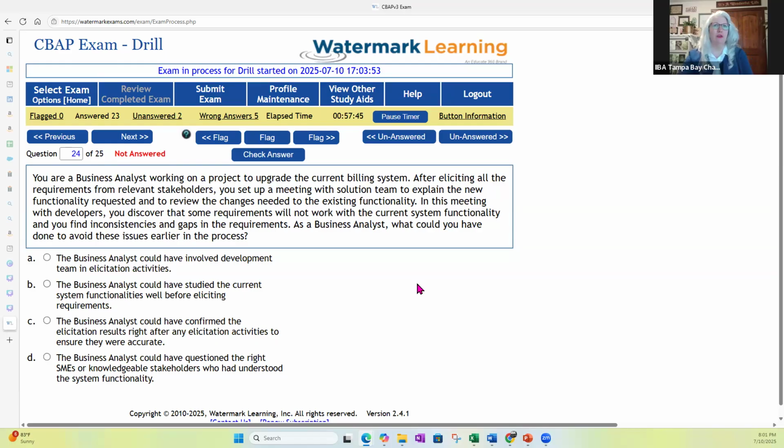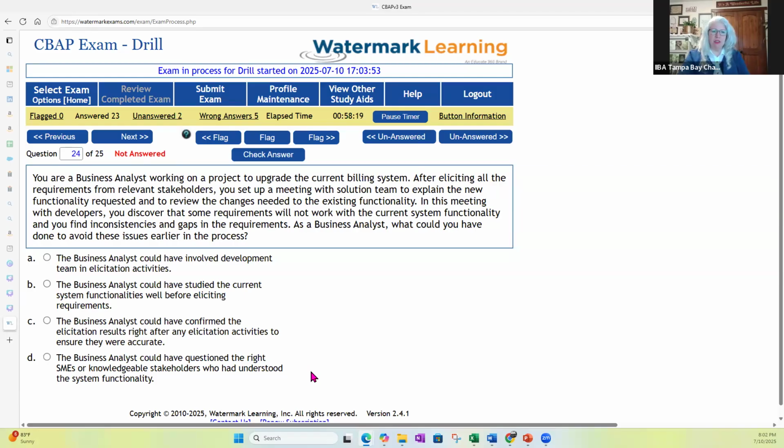So we're in the confirming the requirements, right? That's what we're doing. A. The BA could have involved the development team in the elicitation activities. B. The BA could have studied the current system functionalities well before eliciting requirements. C. The BA could have confirmed the elicitation results right after any elicitation activities to ensure they were accurate. Or D. The BA could have questioned the right SMEs or knowledgeable stakeholders who understood the system functionality.